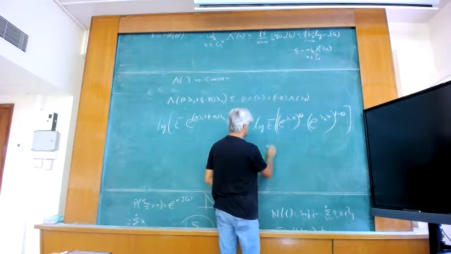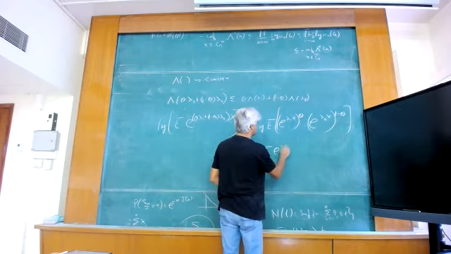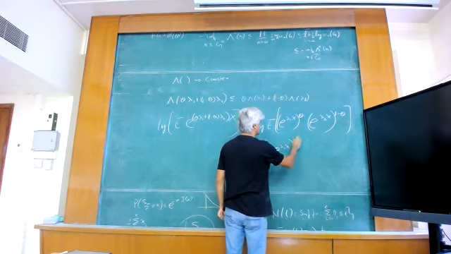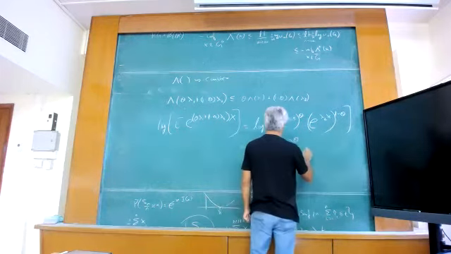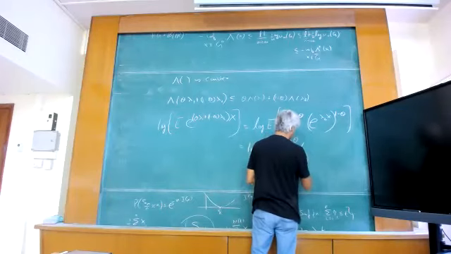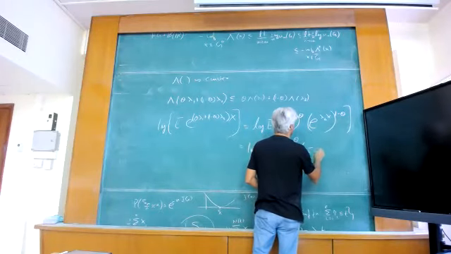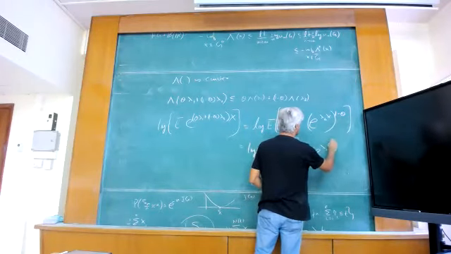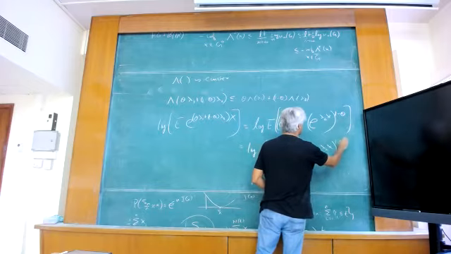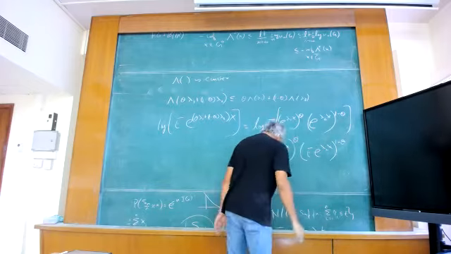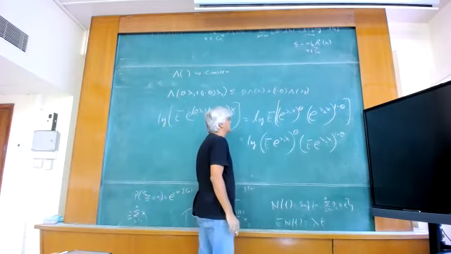So this should follow: expectation of e to the lambda 1 x, to the power theta, times expectation of e to the lambda 2 x, to the power theta bar. Let's see why this is true.